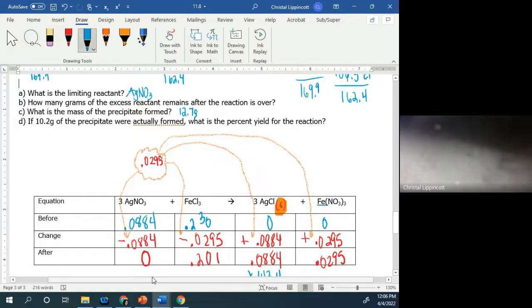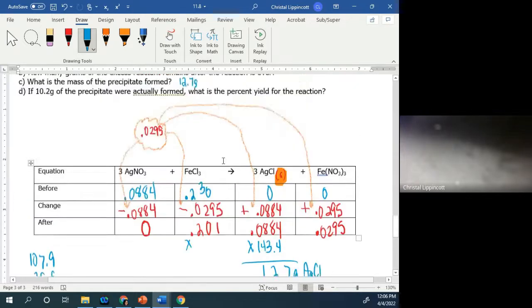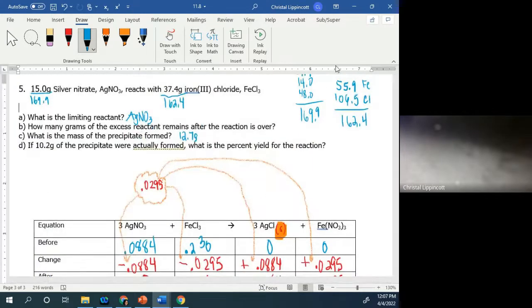They wanted to know how many grams of the excess reactant we had left over. So this is our excess reactant. We're going to take that and we're going to multiply by our molar mass for iron 3 chloride. We figured that amount out right here. So I don't have to recalculate that. It's already done.